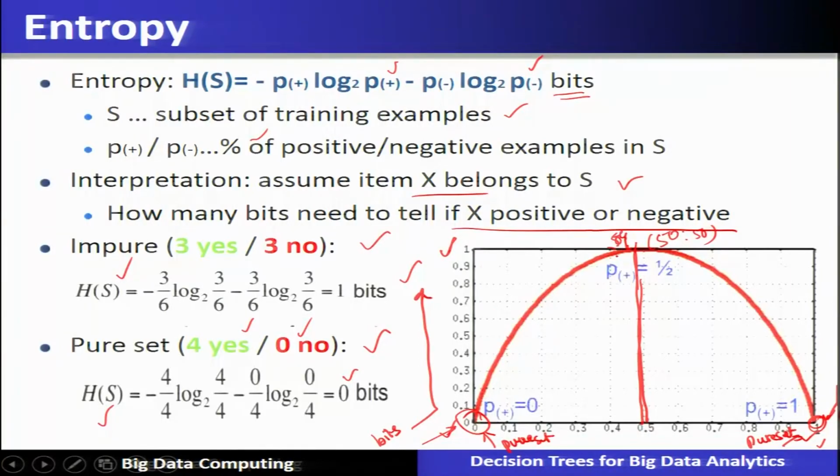And this is the impure set condition. So either it is a pure set, then it will take 0 bits, or it is highly uncertain, then it will take 1 bit. Whereas all other conditions are lying on either the left side or the right side, where the number of bits is varying between 0 and 1.